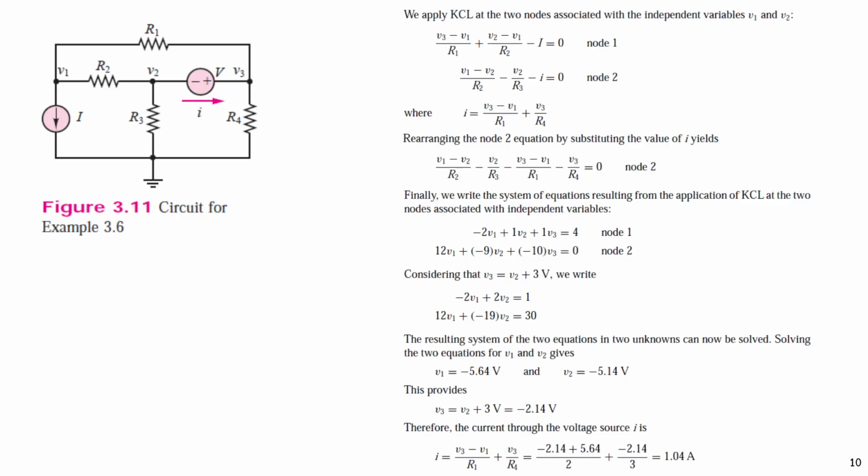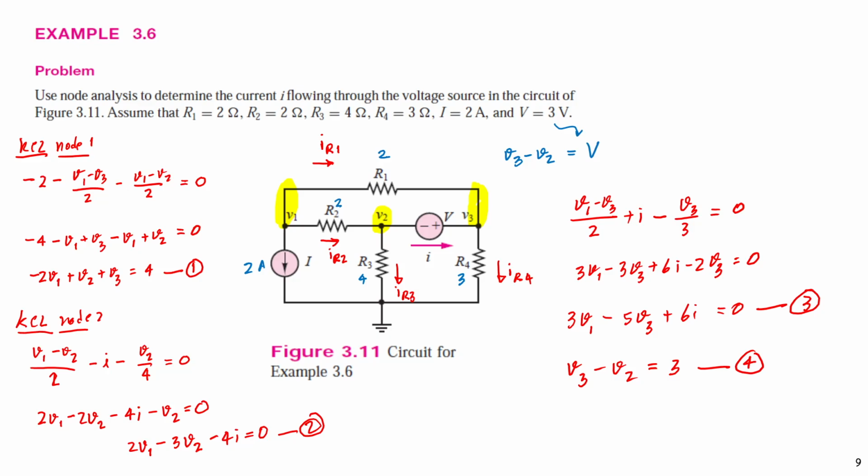In this case, you can also substitute V3 by 3 plus V2. You use 3 plus V2 and substitute it here, and you will get 3 unknowns, 3 equations, right?